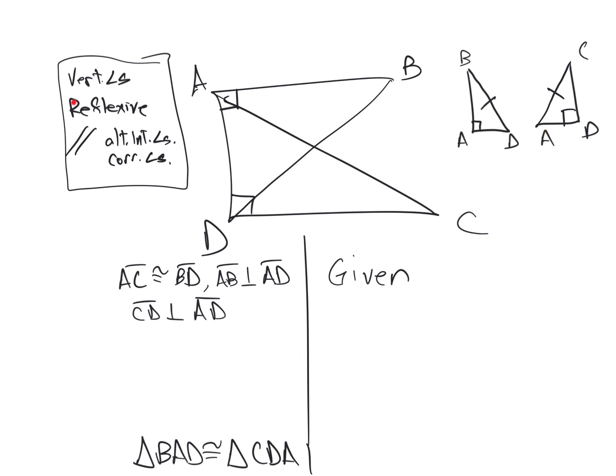And then I start to look at this stuff: the vertical angles, reflexive, and parallel lines. I don't have any parallel lines, so that doesn't work. I do have a bunch of vertical angles here, but again, these vertical angles are not going to help you in here. Those angles aren't a part of the pictures when you pull them apart. So that's not going to work.